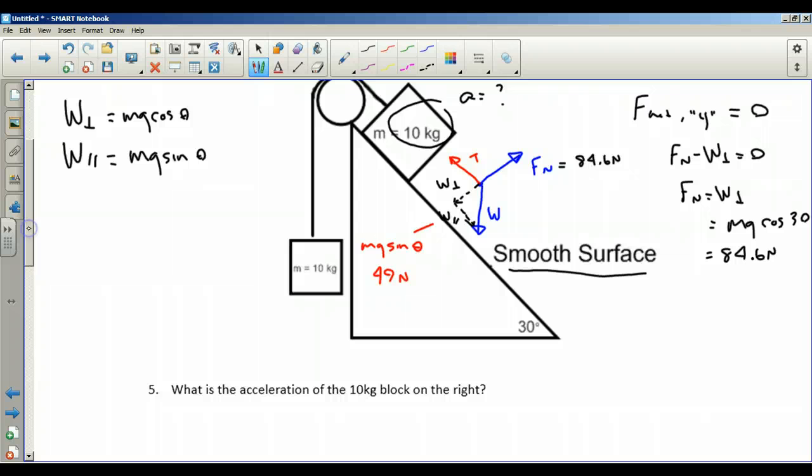Well, we have to think like this. The 10 kilogram block is being pulled up by the tension, and this tension is going to be the same throughout here. So if we think about this as a tug of war, we've got pulling this way 49 newtons, and then overall for the whole system, we've got pulling this way 98 newtons.